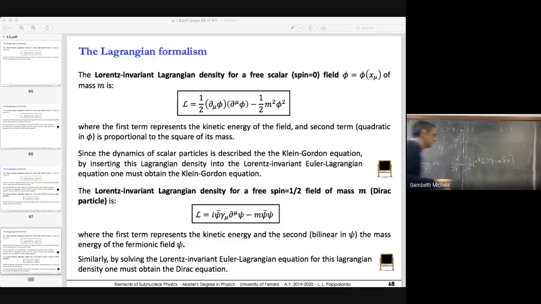We have to take the derivative of this with respect to ψ̄. Now we have two contributions because ψ̄ enters here and also here. So when we take this derivative, we're going to have i γ^μ ∂_μ ψ from the first term, and minus m ψ for the second term.